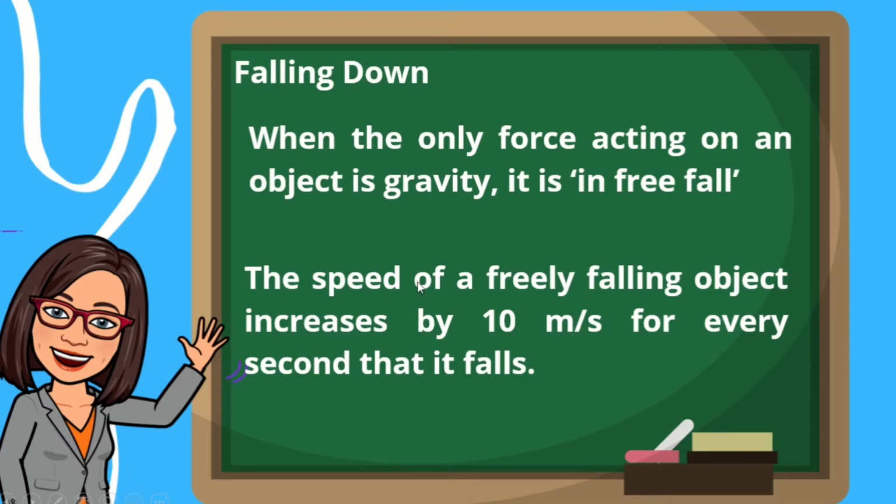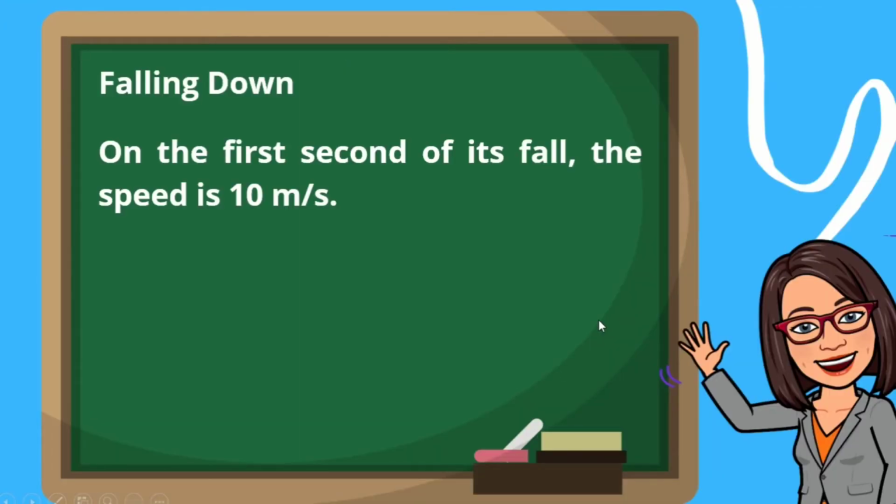Ang bilis ng mga bagay na malayang bumabagsak, malaya talaga, ay nag-i-increase by 10 meter per second for every second that it falls. It means that on the first second of its fall, sa unang segundo ng pagbagsak nito, meron itong bilis na 10 meter per second.